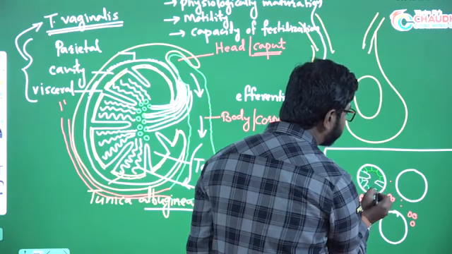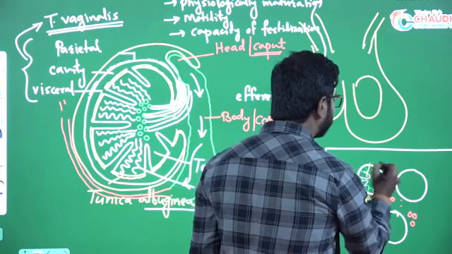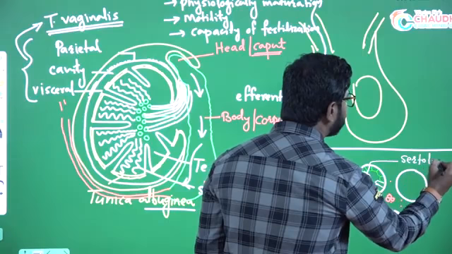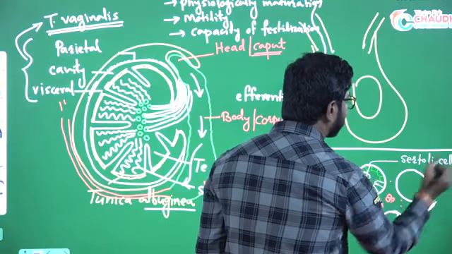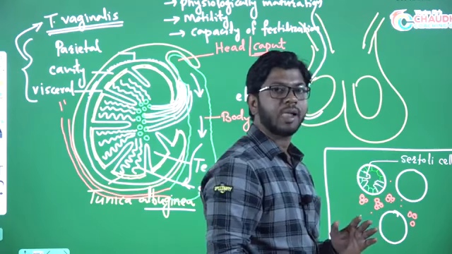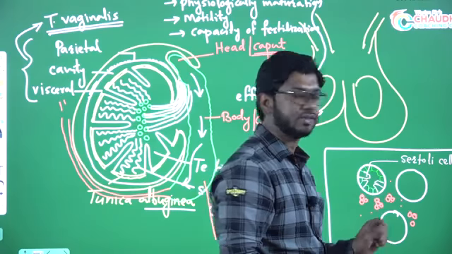These pyramid-shaped cells are known as Sertoli cells. And the cells which I have drawn with green marker are known as germinal epithelium cells.